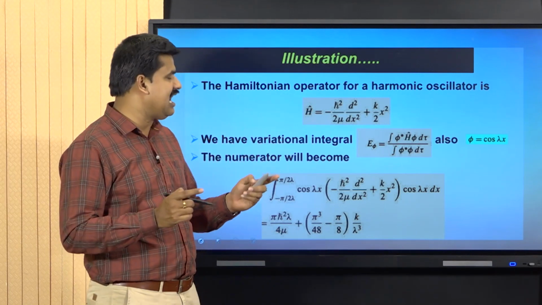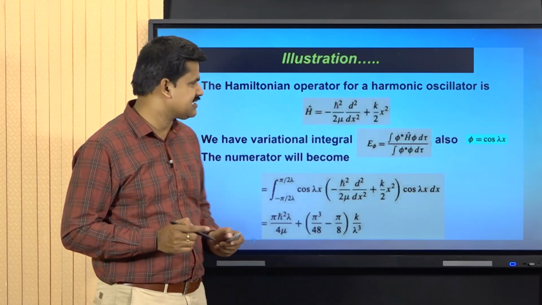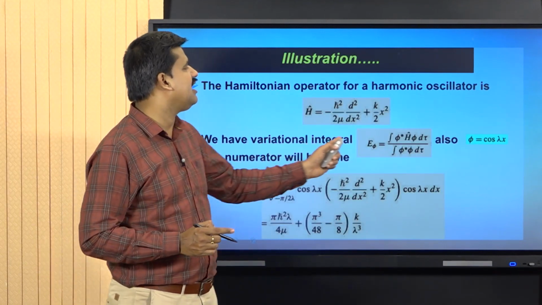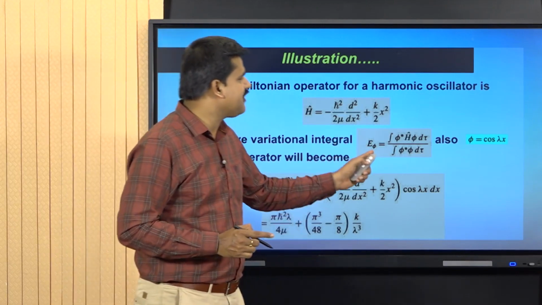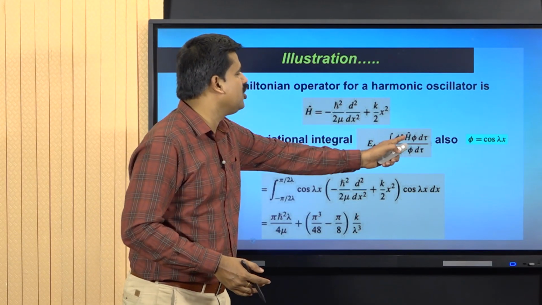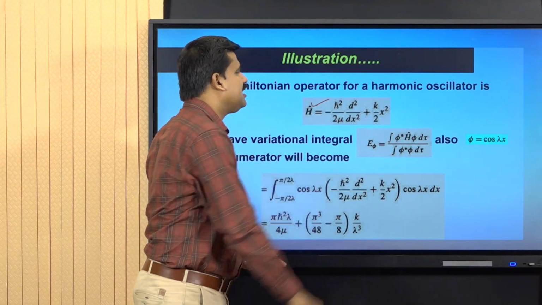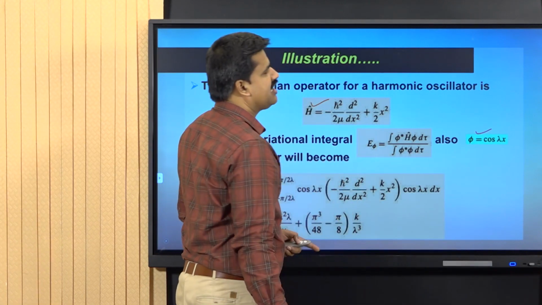We already have the trial wave function phi equal to cos lambda x, and we have already studied the variational integral. E phi is equal to the integral of phi star Hamiltonian phi d tau divided by the integral of phi star phi d tau. We know the Hamiltonian, and we know phi, that is cos lambda x.